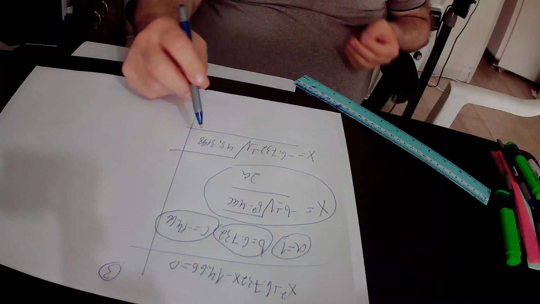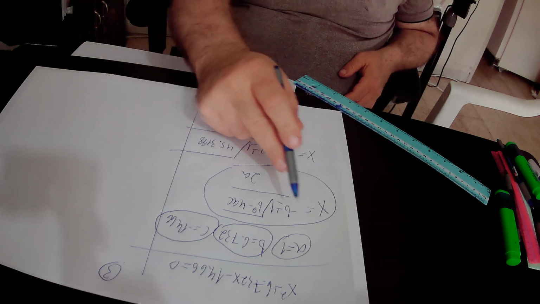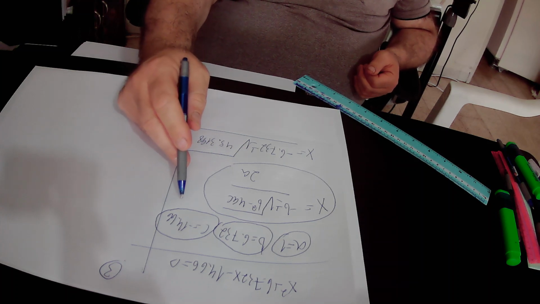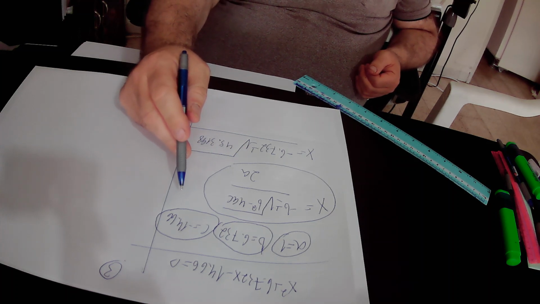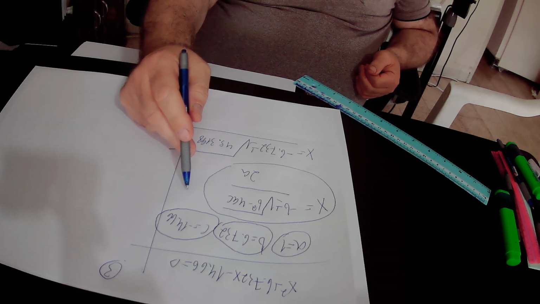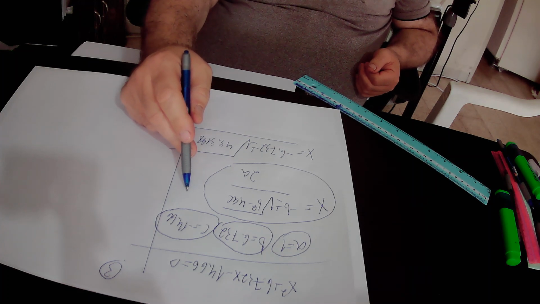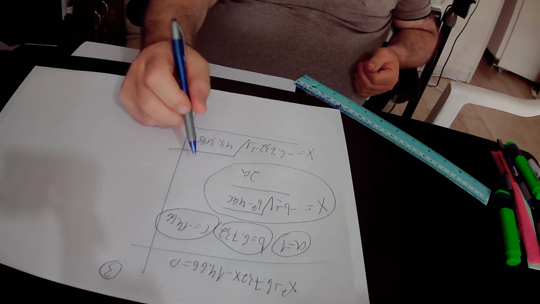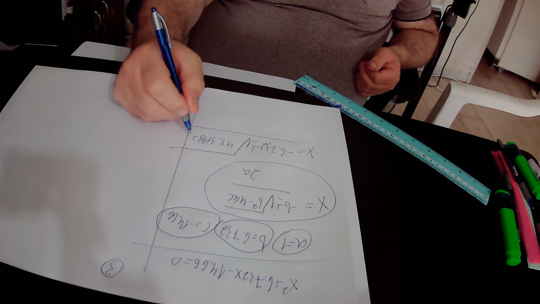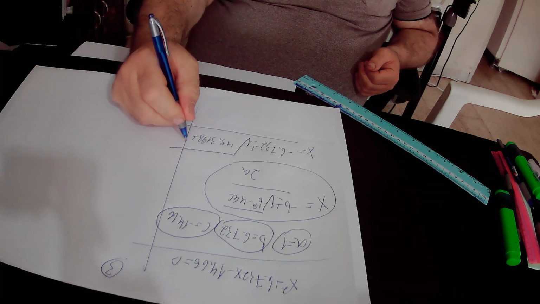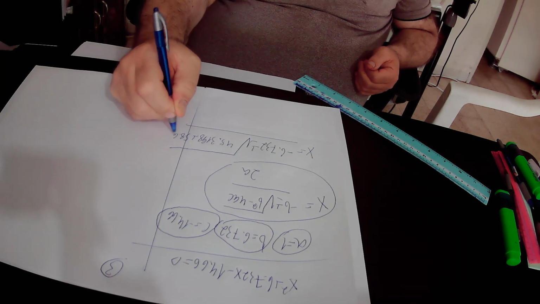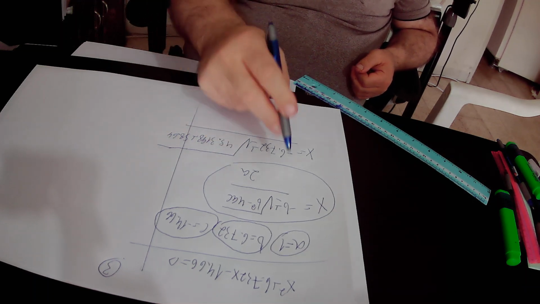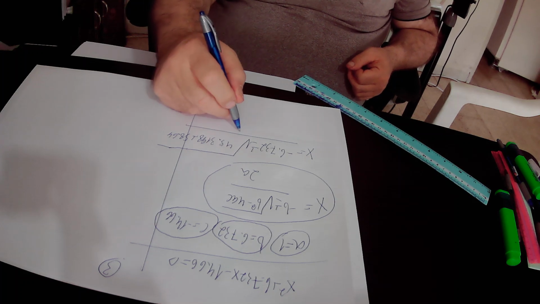A is 1, so minus 4 times 1 is minus 4, times c is minus 14.66. So 4 times ac will be equal to minus 4 times minus 14.66, that is plus 58.64, divided by 2a. A is 1, so 2a is 2 times 1, that is 2.